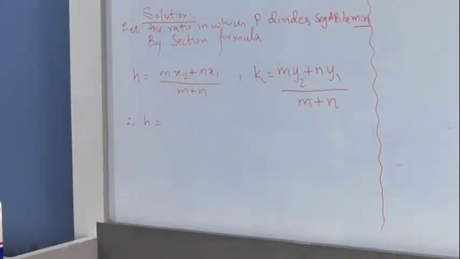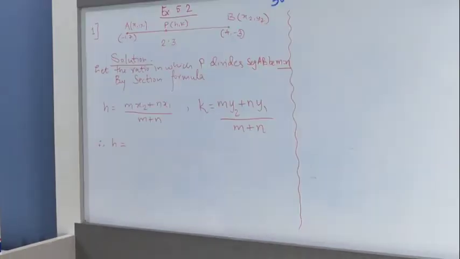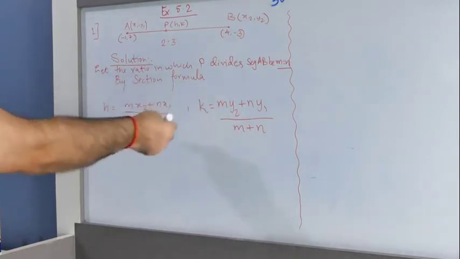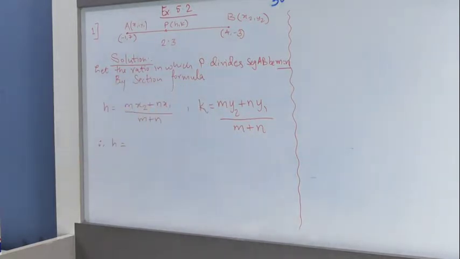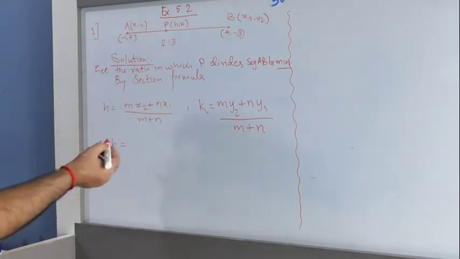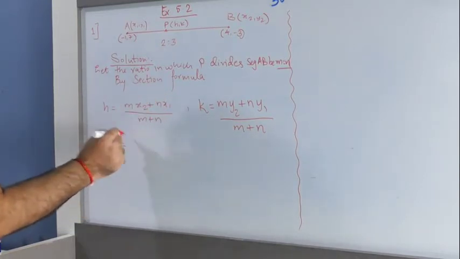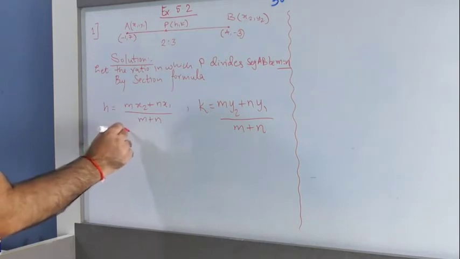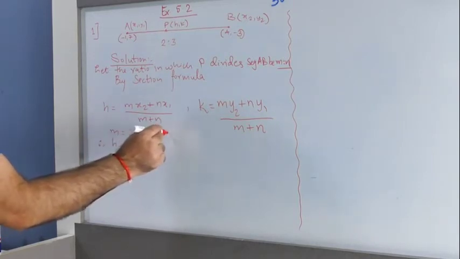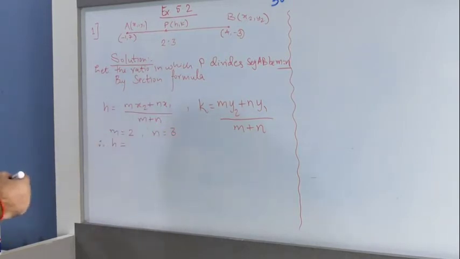So you have assumed that the ratio in which P divides segment AB is m:n. Then by section formula you will have this formula, right? Now let's substitute. What is the value of m? m is equal to 2, n is equal to 3.